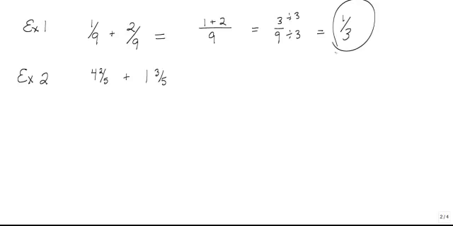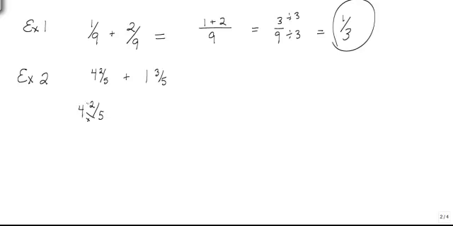So remember, in order to change a mixed number into an improper fraction, we have to multiply the denominator times the whole, and then add on that numerator, and that becomes our new numerator. So 5 times 4 is 20, plus 2 would be 22, and that's back over 5. Then I want to do the same thing with the second number.